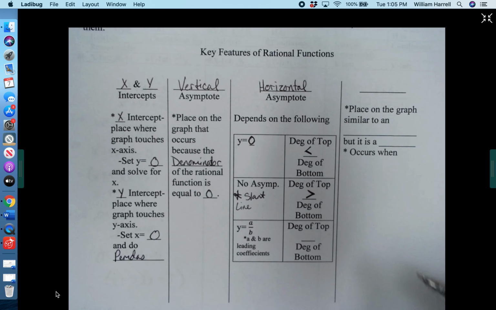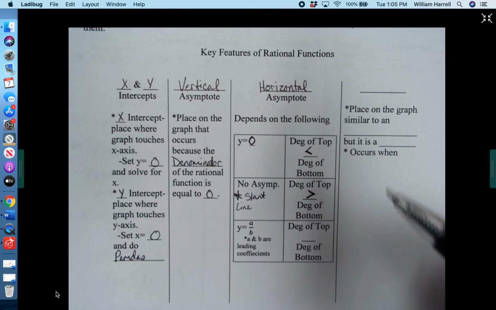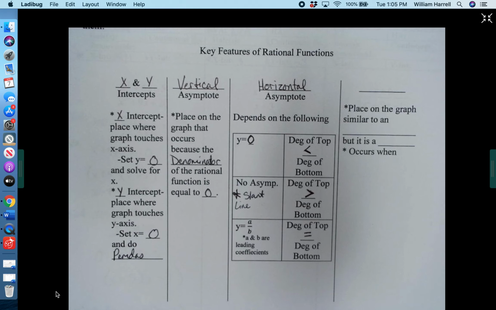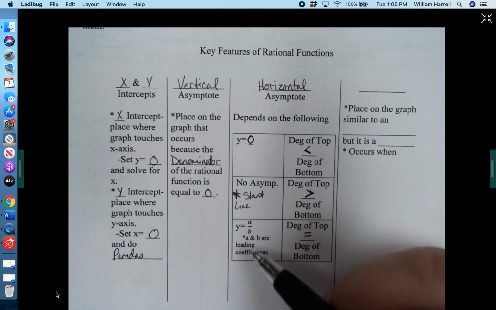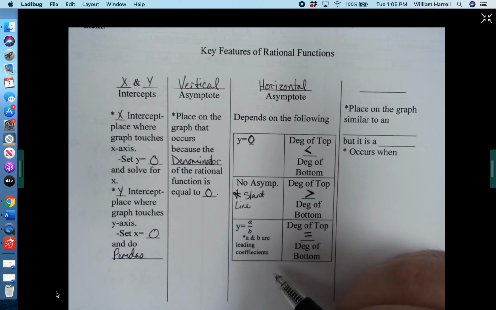And then last but not least, you have what could happen when the degree of the top is actually equal to the degree of the bottom. If this is the case, you just take your leading coefficients and put them over each other.